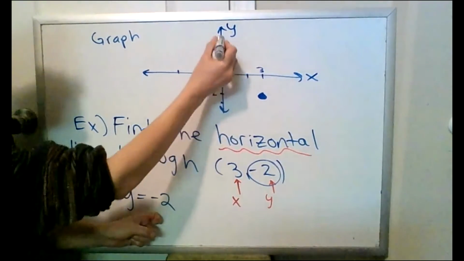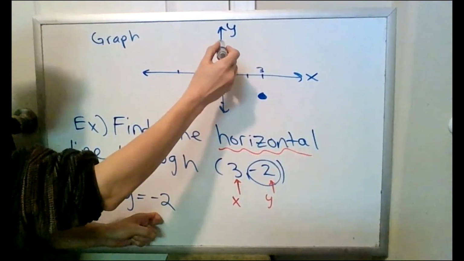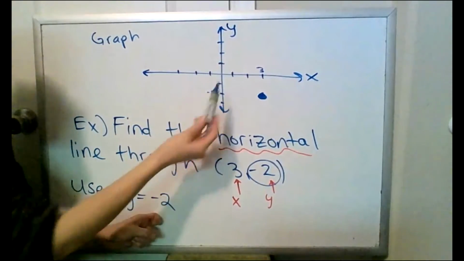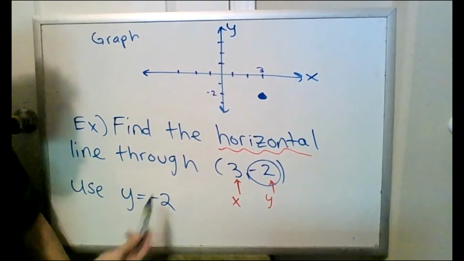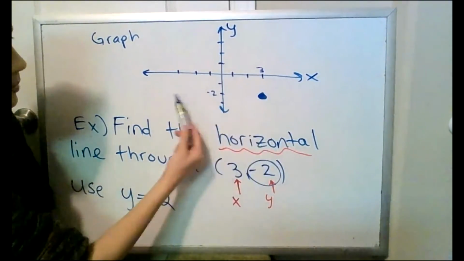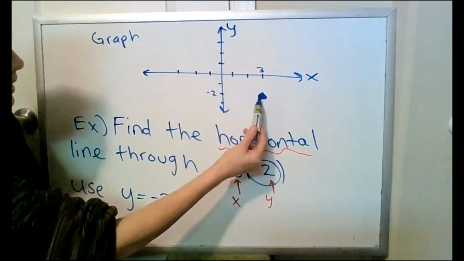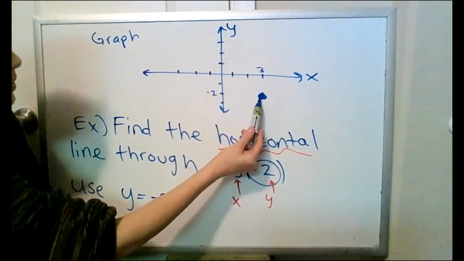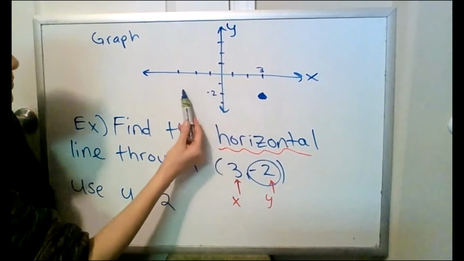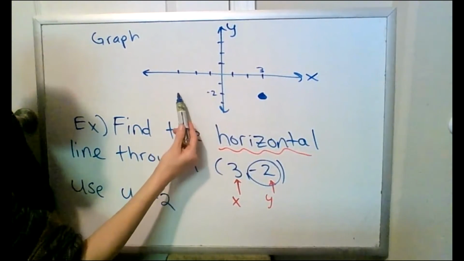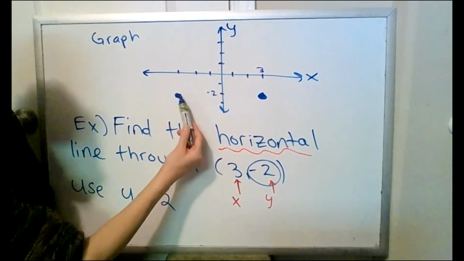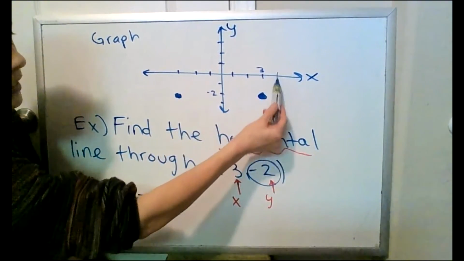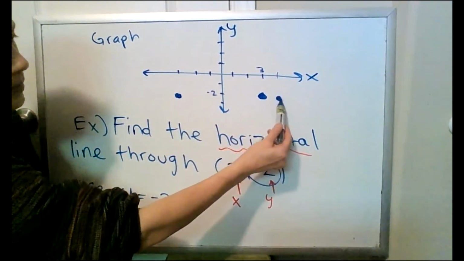So it can go up any number for y. Sorry, I can use any number for x. So x is left and right. So you can go this way and that way, but y has to be -2. So you can go -3 for x and down 2 for y. That would be here. You could go 4 for x and down 2 for y.